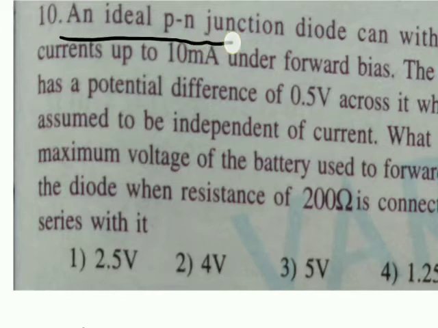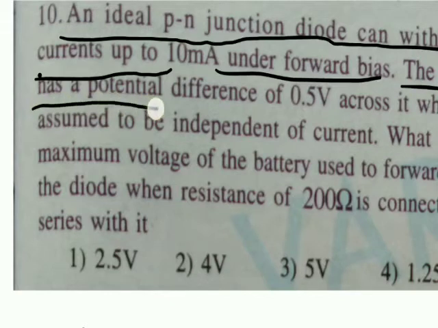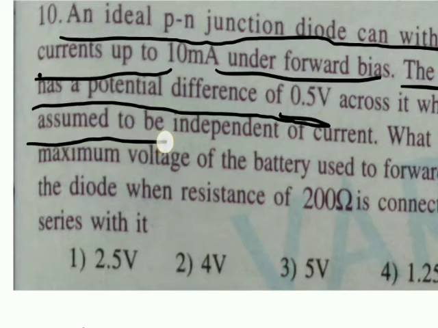An ideal PN junction diode can withstand current up to 10 milliamps under forward bias. The diode has a potential difference of 0.5 volts across it, which is assumed to be independent of current.